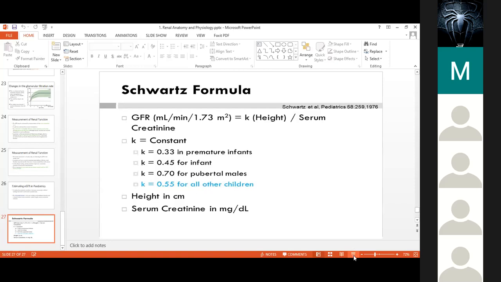Let's say it's a pubertal male, a 12-year-old. So 0.7, which is a constant, times the height, 1 meter, divided by the serum creatinine of 100. That is what will give you the estimated glomerular filtration rate. And depending on what you get, you can check from the charts and decide whether this renal function is normal, whether it's abnormal, whether it is end-stage renal failure or whatever.